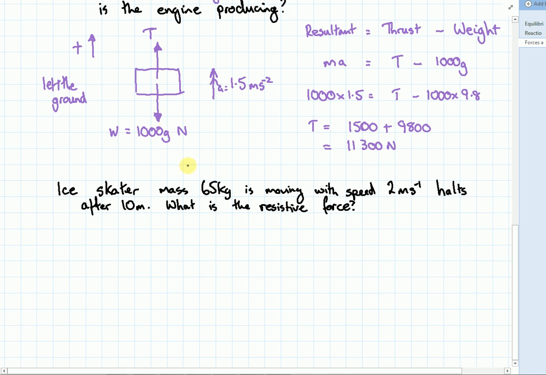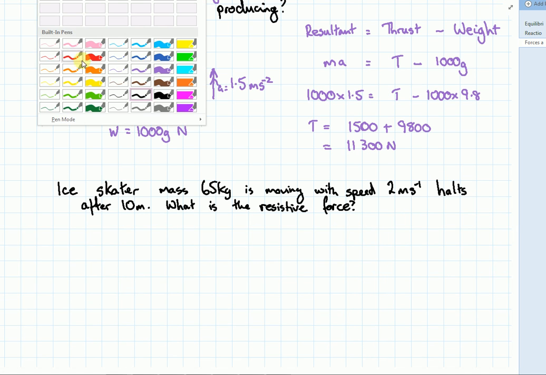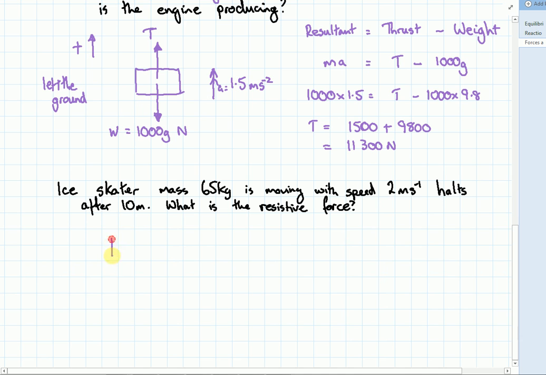We start off with the situation: we've got a particle moving, so let's show the particle moving. It moves with an initial velocity of 2 meters per second.